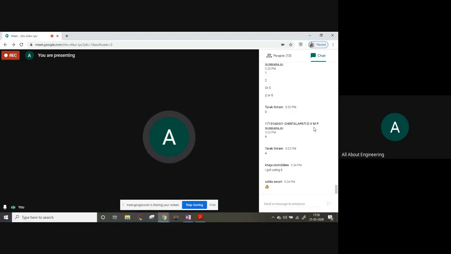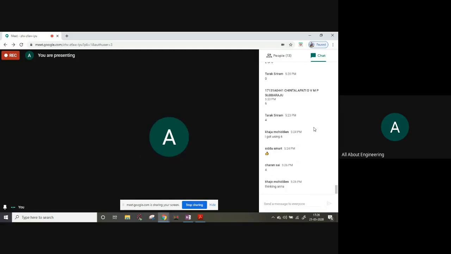Meanwhile, 2 to 3 minutes of time is left for you. Try to design using 4 gates and update your answer if you got it. Or else, no problem, I'm going to explain it anyway. Okay, Charan got 4. Very good. And Mohiddin is thinking. Okay.